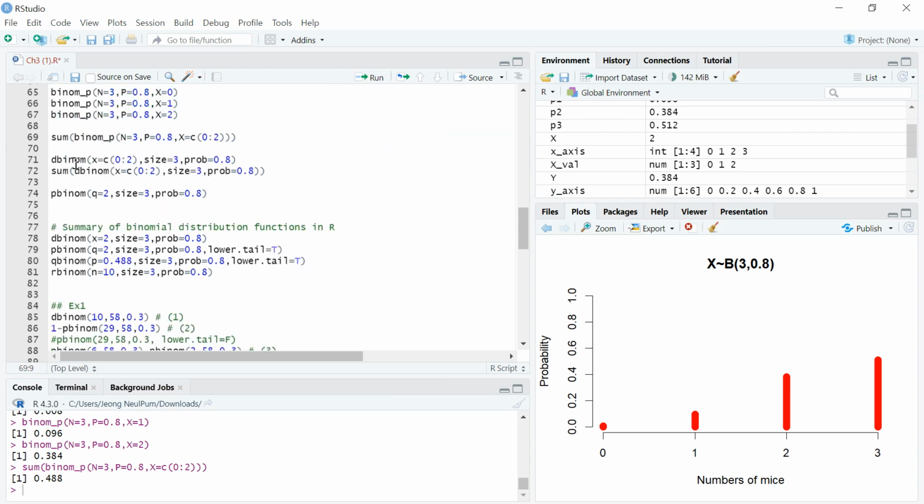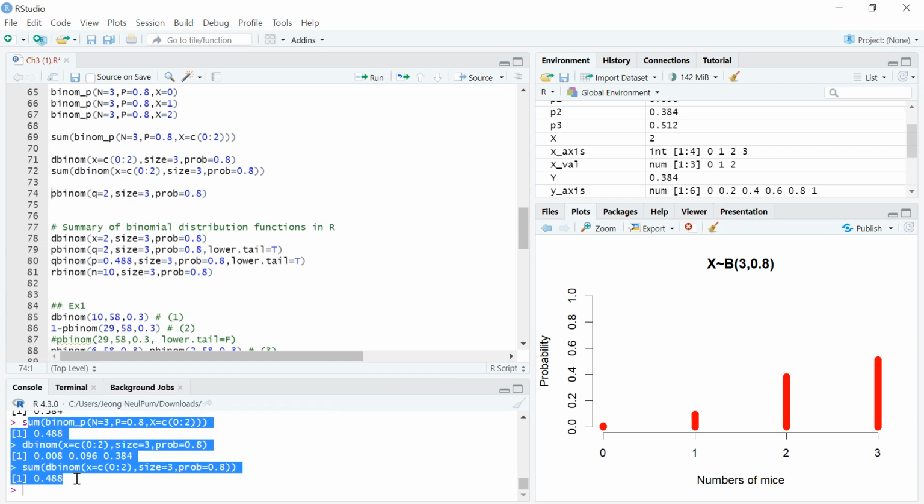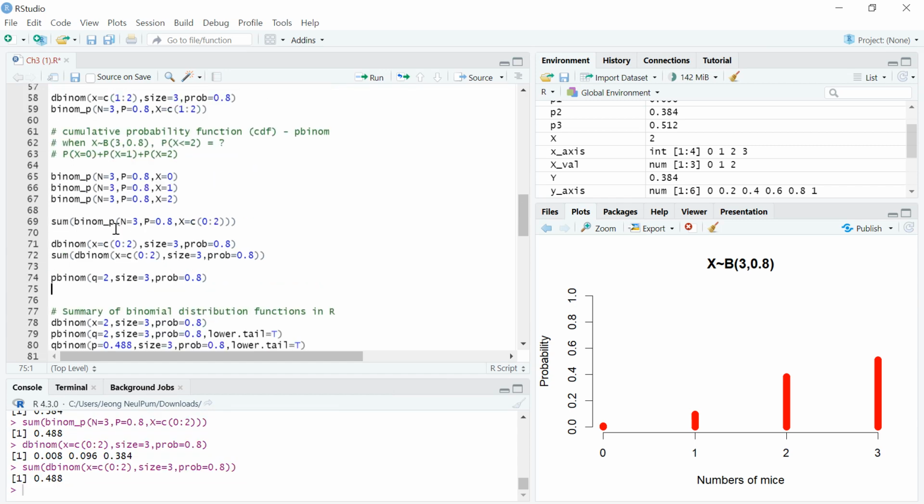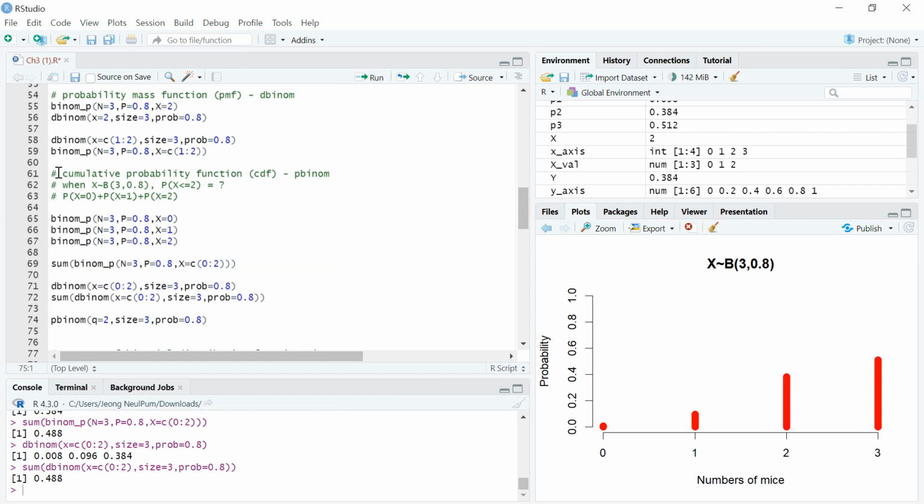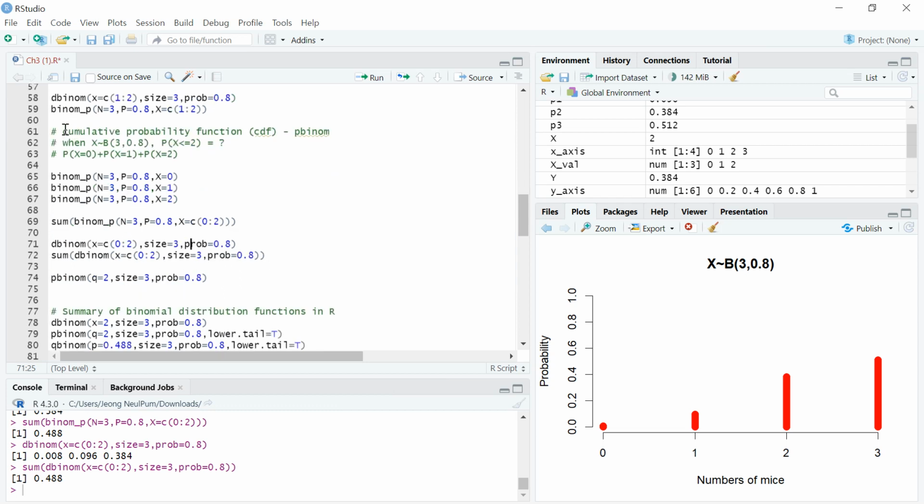So which is the same as the situation where we use the binomial function here and sum all the results from the binomial function, which is the same result here. And that is the CDF value, the summation of all the values when x is less than or equal to our own value.